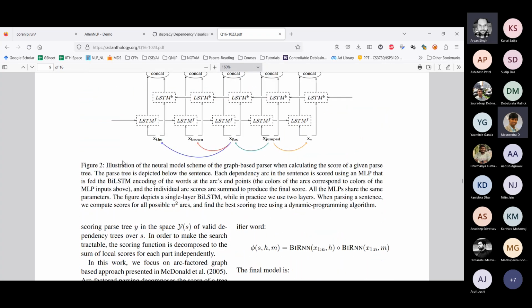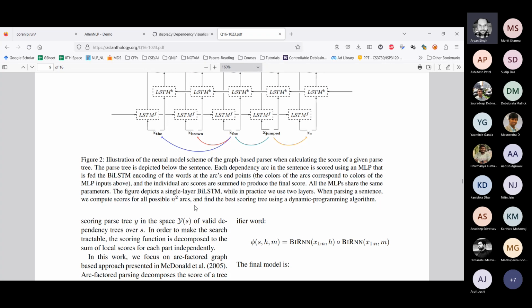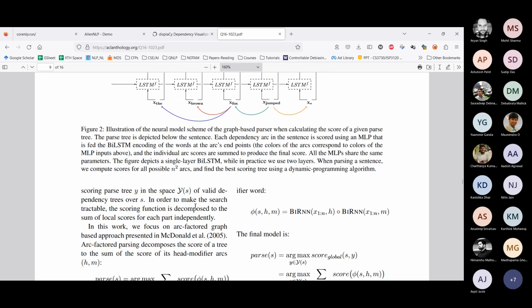I think somewhere they mentioned scoring a parse tree y in the space Y of valid dependency parses. Graph parser, each dependency arc in a sentence is scored by an MLP. So it's written: when parsing a sentence, we compute scores for all possible n square arcs and find the best scoring tree using a dynamic programming algorithm.